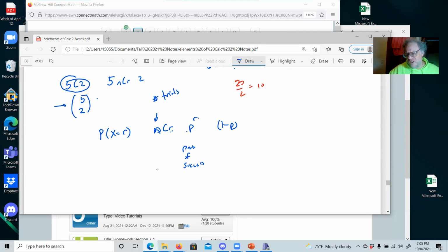Some books will call this q. To the n minus r. So we do our first couple of calculations, and I'll walk us through what's going on here.